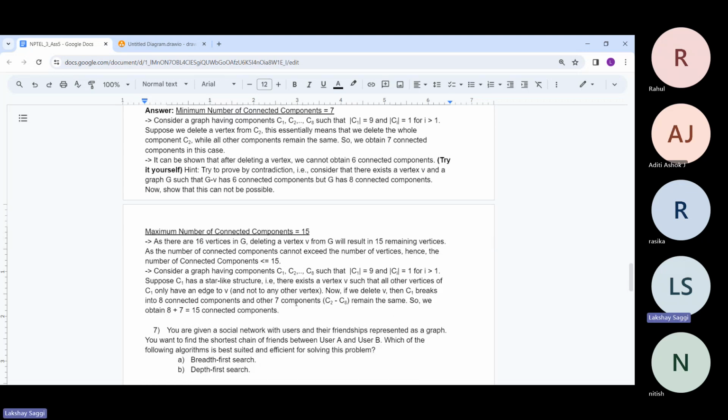So I hope this makes sense to everyone, that C1 breaks into 8 components and the other 7 components remain the same. So 8 plus 7 gives us 15 connected components in this case. And we had shown earlier that the number of connected components cannot exceed 15. So this is actually the maximum number of components possible.